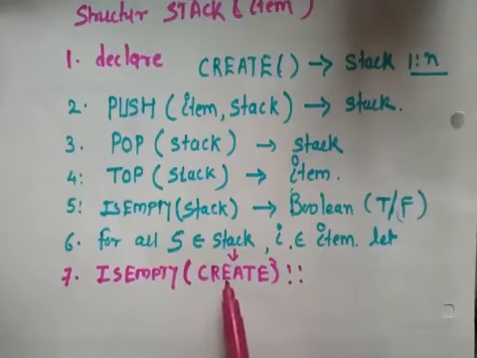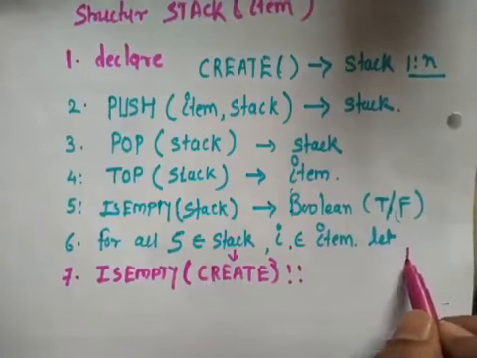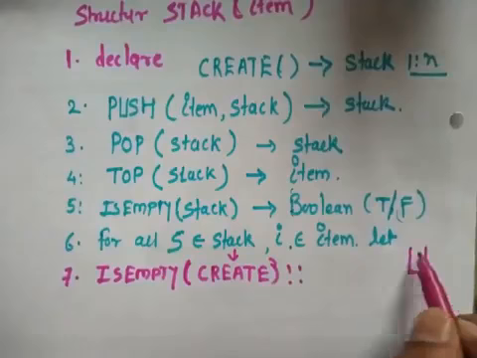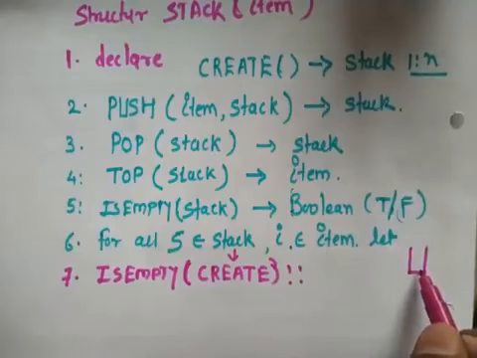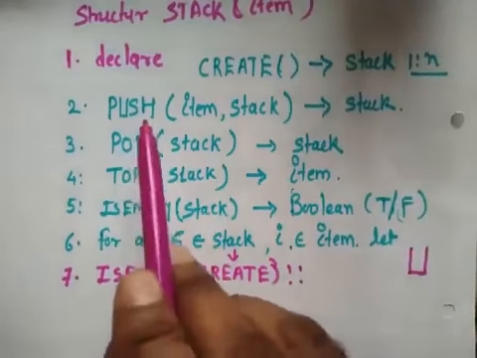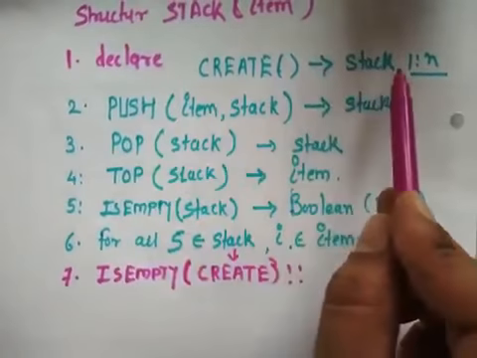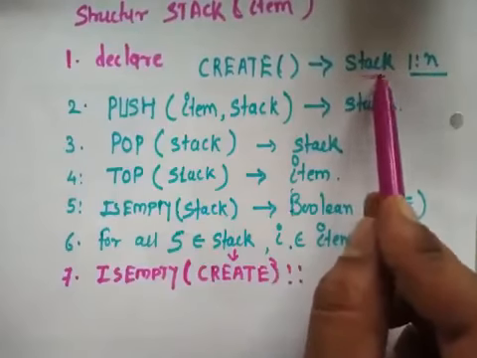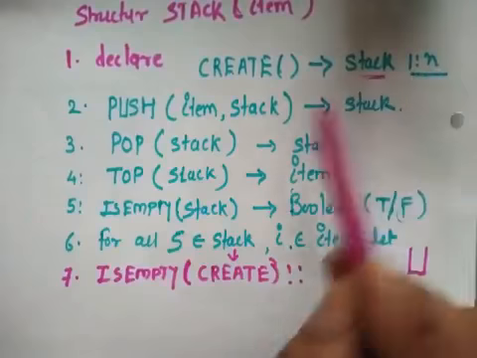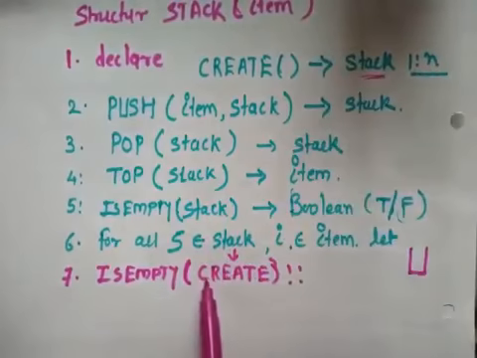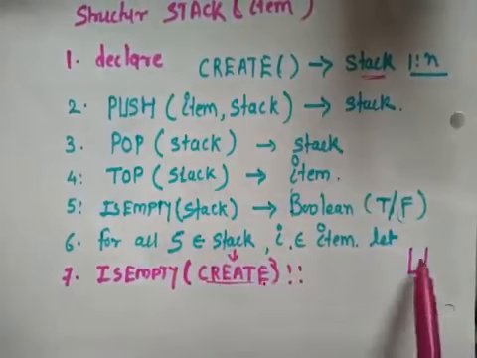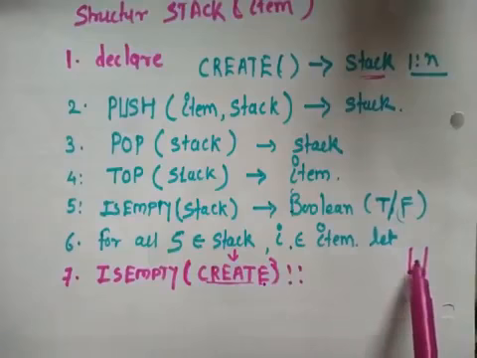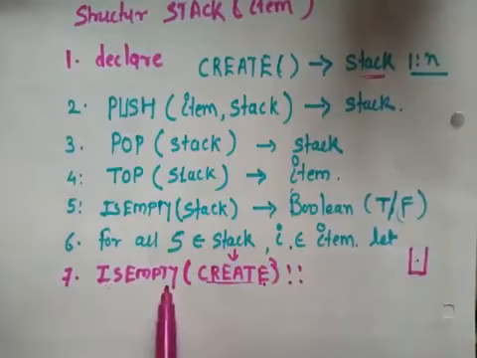So if the create function executes, it will create an empty stack, and as we discussed, the create function returns an empty stack of size 1 to n. So this create function returns an empty stack of size 1 to n to the isEmpty function.